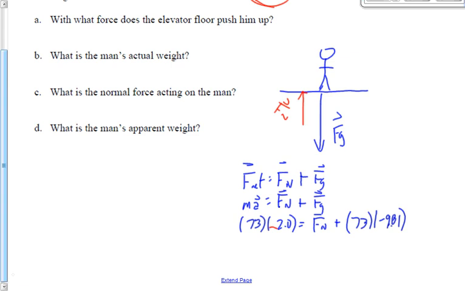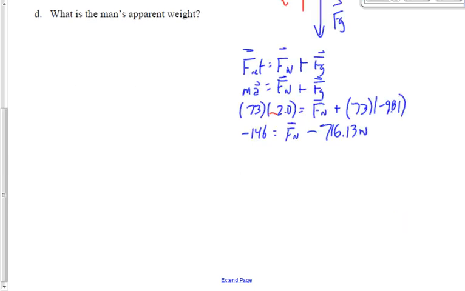So 73 times negative 2 gives me negative 146. 73 times 9.81 gives me 716.13 newtons, which we're going to take to the other side by adding. And we get Fn equal to 570.13 newtons.